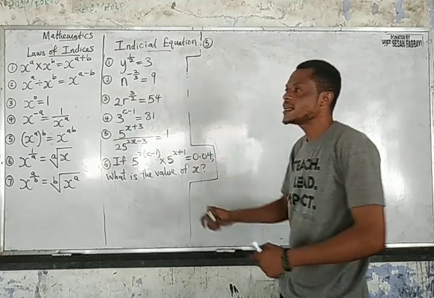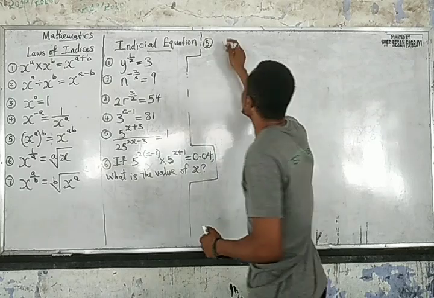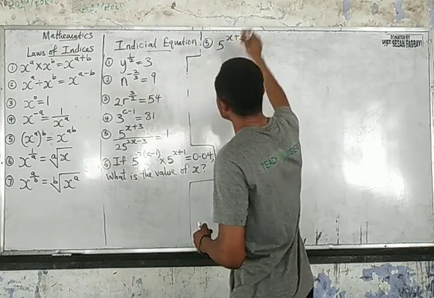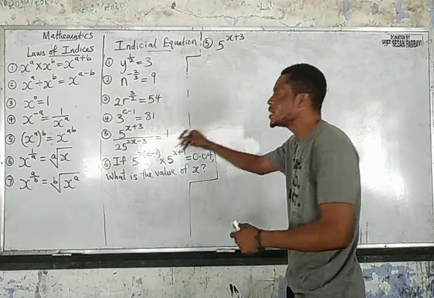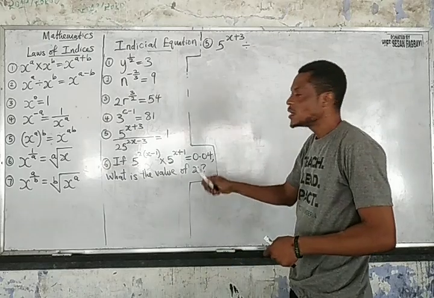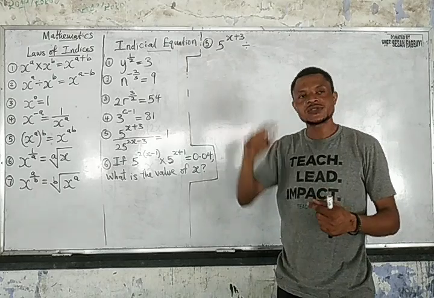This division sign, I would prefer to spread it for clarity. Now we have 5 raised to the power of x plus 3. We have a division sign here, which I choose to spread out like this. Now instead of writing 25, I'll write 5 raised to the power of 2.